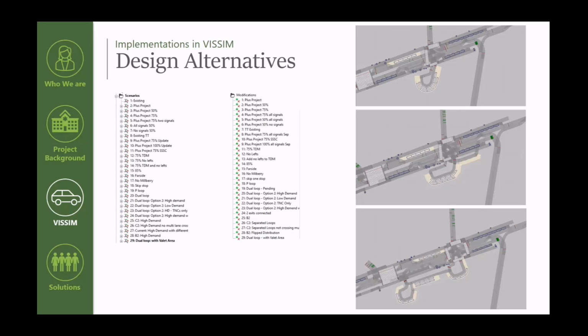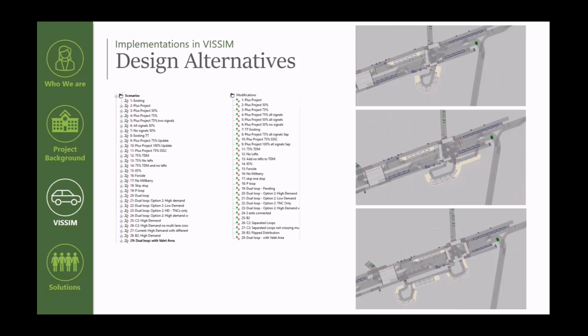Thanks, Ron. We utilized the scenario and modification manager to keep track of the existing, existing plus project, existing plus project with the mitigations, future no build, and future design alternatives regarding the hospital loading loop geometry design. The hospital expansion includes the construction of 2 new loading loops at the hospital entrance.